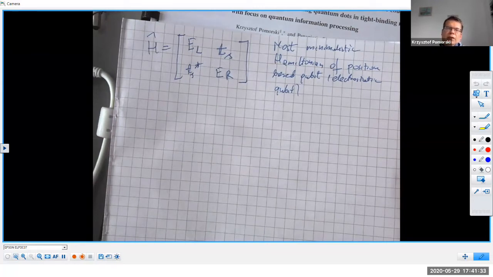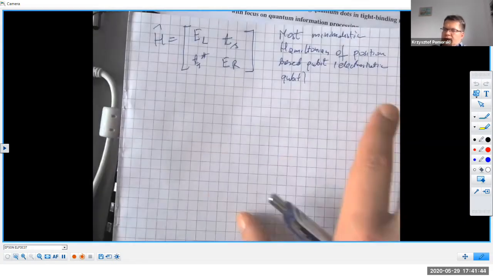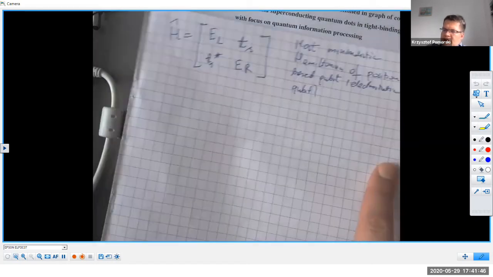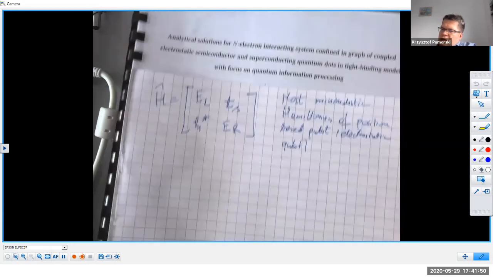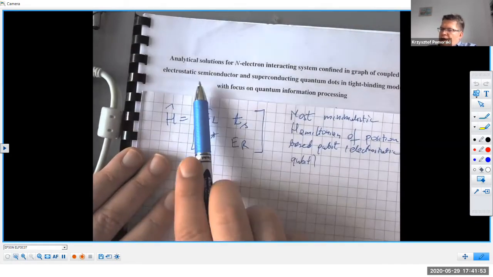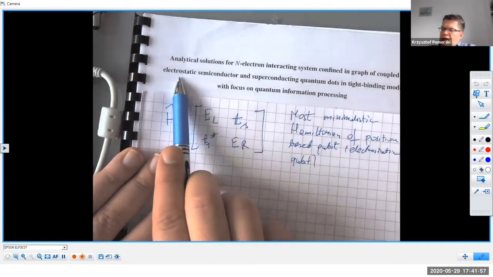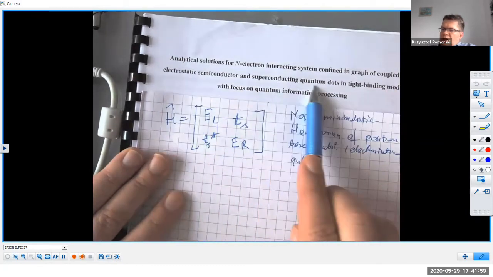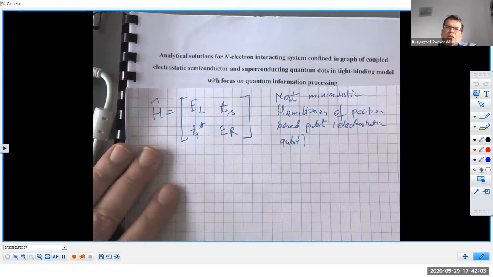Essentially, I want to underline that I have created quite a lengthy text, the title of this approach: analytical solutions of an electron interacting system confined in a graph of coupled quasi-static semiconductor and superconductor quantum dots entitled by the model with focus on quantum machine processing.